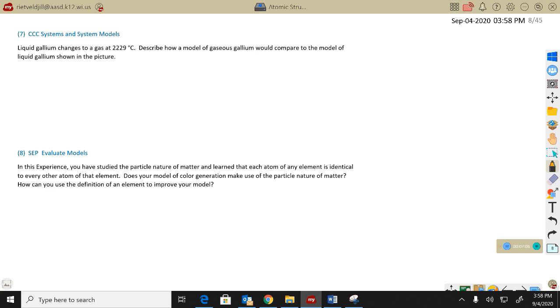Describe how a model of gaseous gallium would compare to the model of liquid gallium shown in the picture. And so hopefully you drew some kind of a picture where now maybe we would say that the gaseous gallium would just have particles that are farther apart from each other. Maybe something like this.